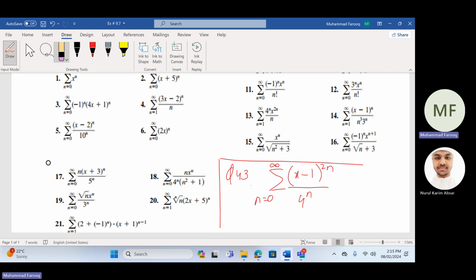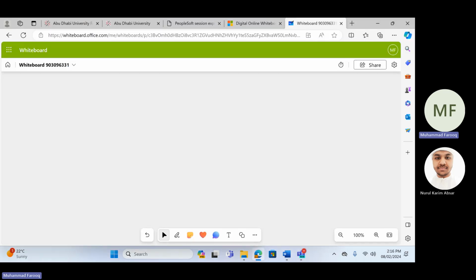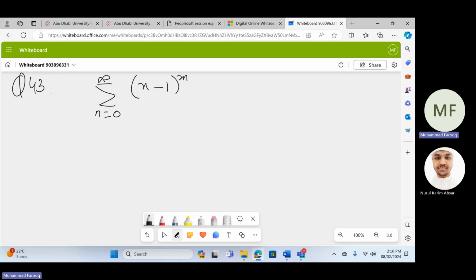X minus 1 squared over 16. X minus 1 square, absolute value, okay? Don't forget the absolute value, please. So we're talking about question 43: sigma n equal to 0 to infinity of x minus 1 raised to the power 2n, divided by 4 power n.